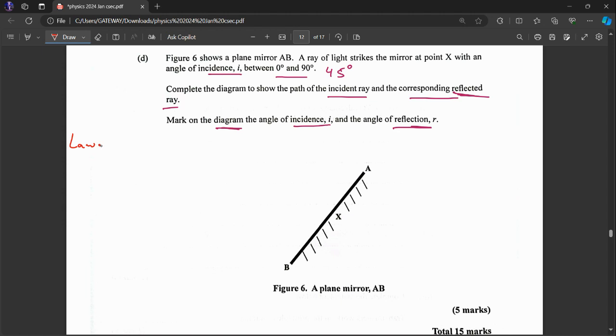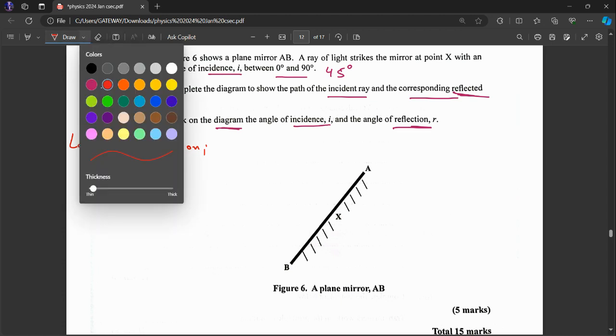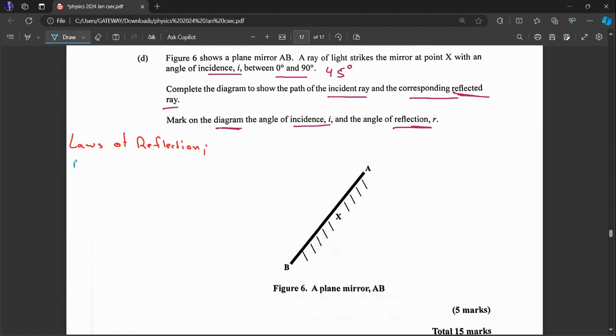In order to do this properly, you need to remember the laws of reflection. So what are the laws of reflection? For any reflection at a surface, two laws apply. The first law is that the angle of reflection is equal to the angle of incidence.